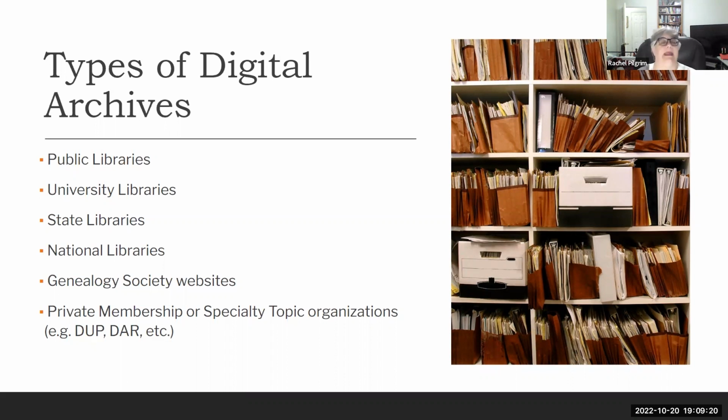They might be papers of somebody famous, they might be photographs, or they might be manuscript collections, especially in older areas, older universities. A lot of times they have a very history-focused collection.